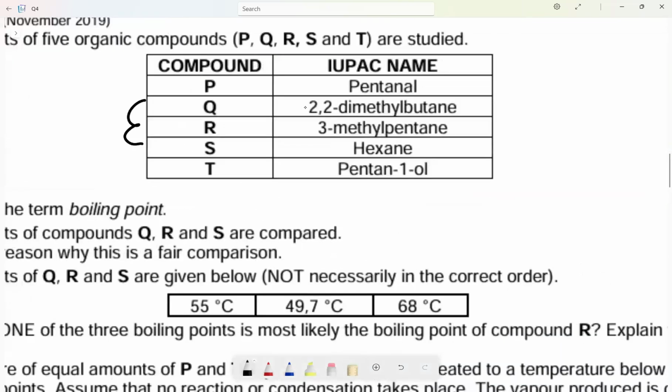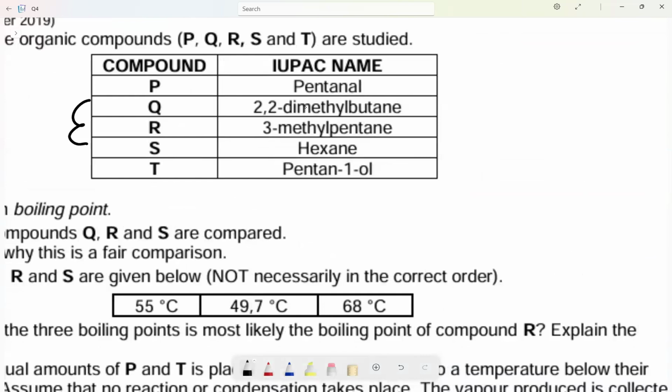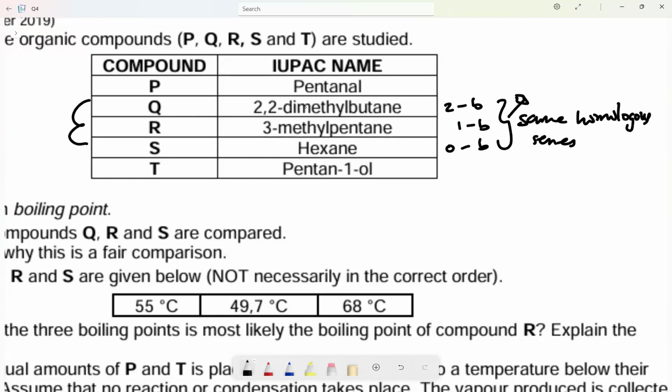So they are telling you it is fair. Why? Butane, pentane, hexane. So here, this has 2 branches, this has 1 branch, this has 0 branch, but they are of the same homologous series, and they have the same molecular formula, which is C6H14. You can draw the structures and count them.